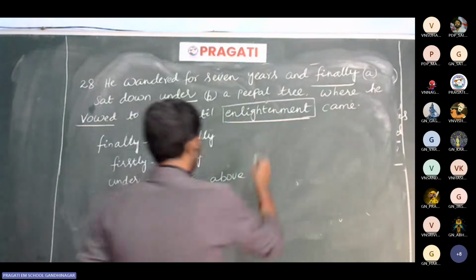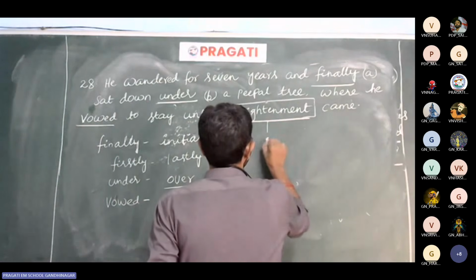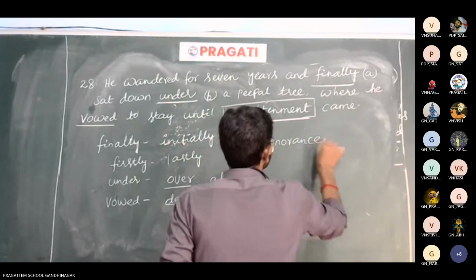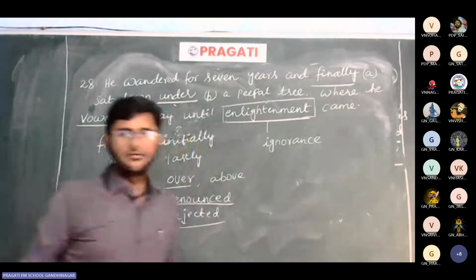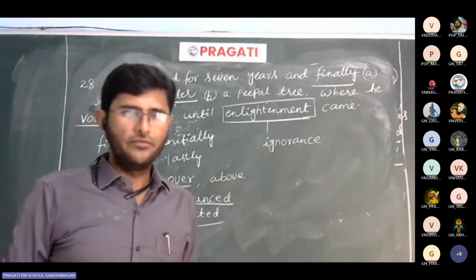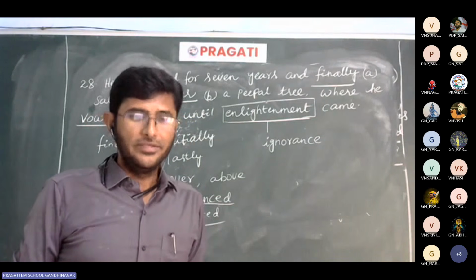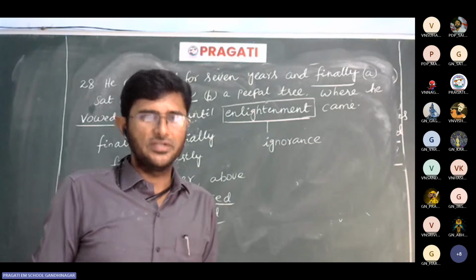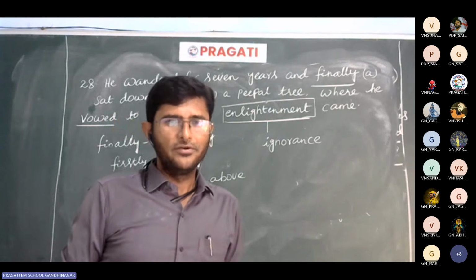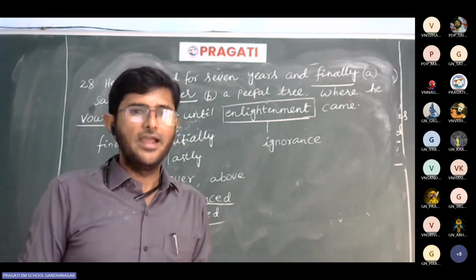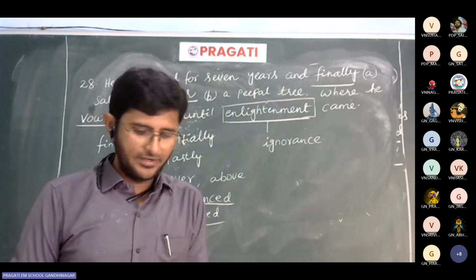Its opposite could be ignorance. Okay. So that is how you have to go for antonyms. So here, unlike the previous question where options are given for synonyms, we don't have any options. You yourself have to write the right antonym for the words which are underlined.